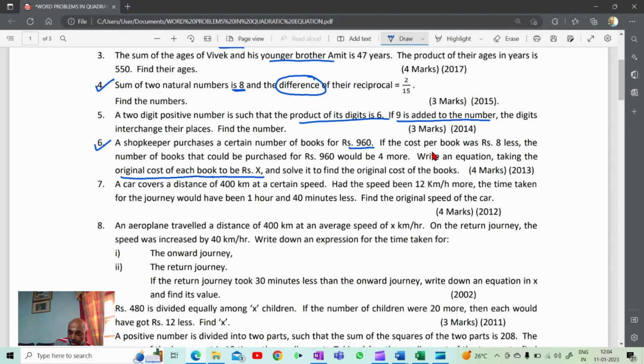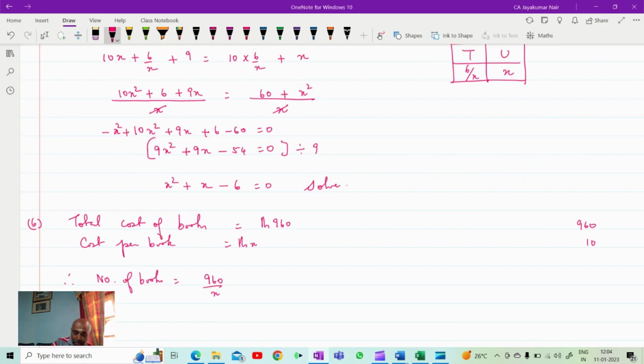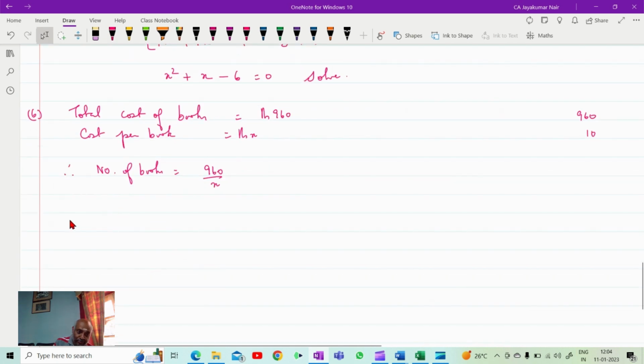Now what are they saying? If the cost per book is 8 less, the total cost of books remains 960 only.